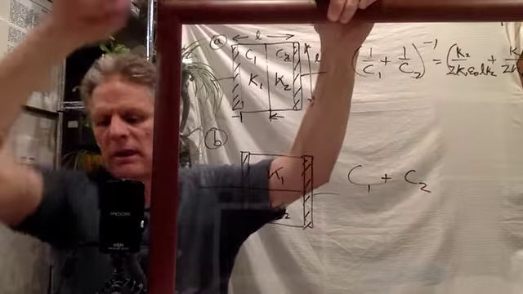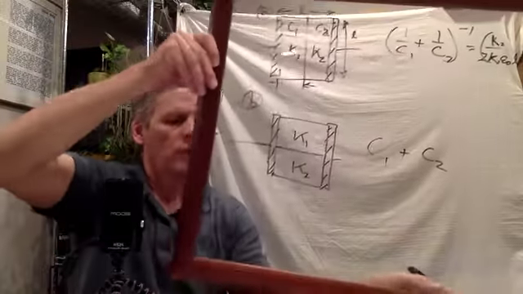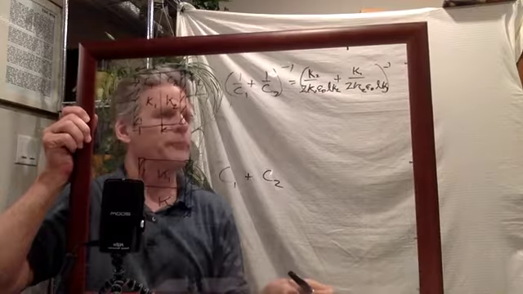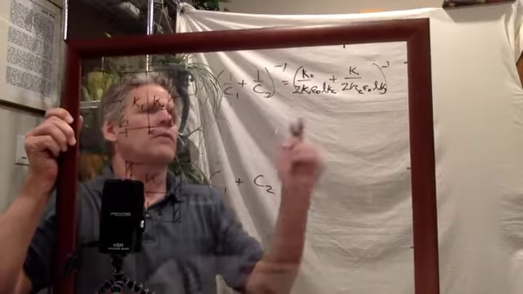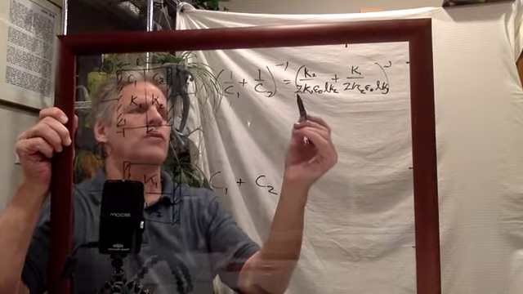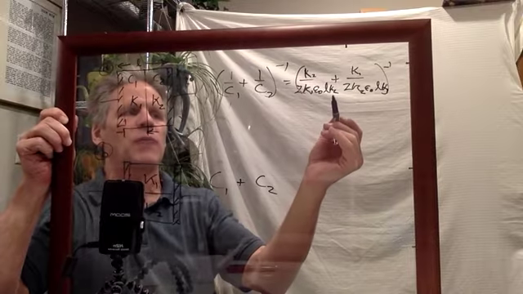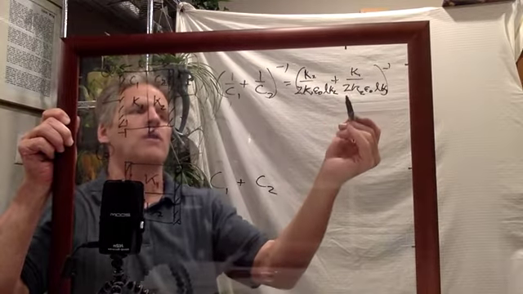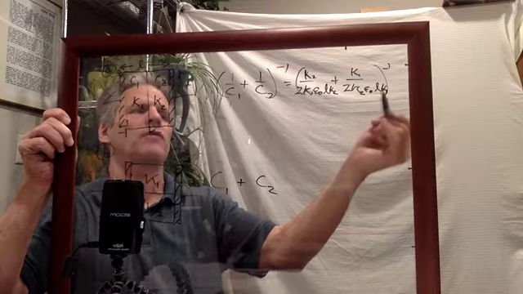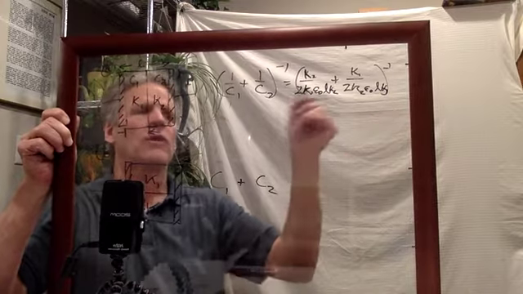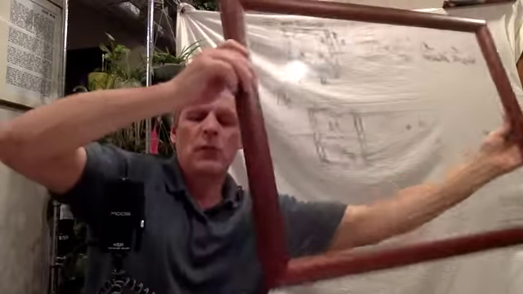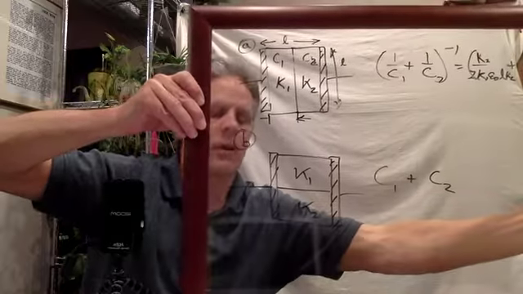I'll pull it here just so you can take a look at that. So kappa 2 over 2 kappa 1 epsilon 0 L kappa 2, plus kappa 1 over 2 kappa 2 epsilon 0 L kappa 1. So now we have the same denominators, and now we can add those.